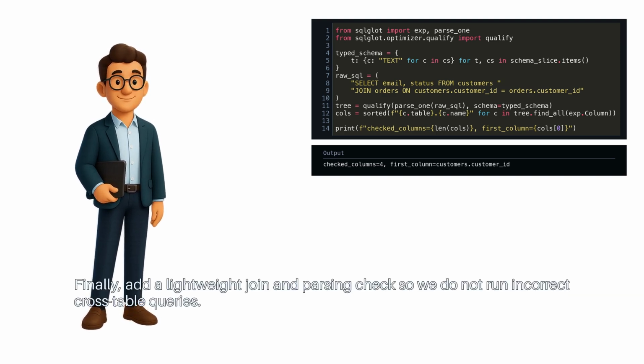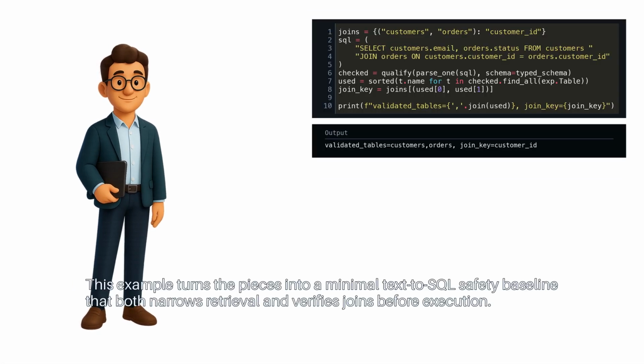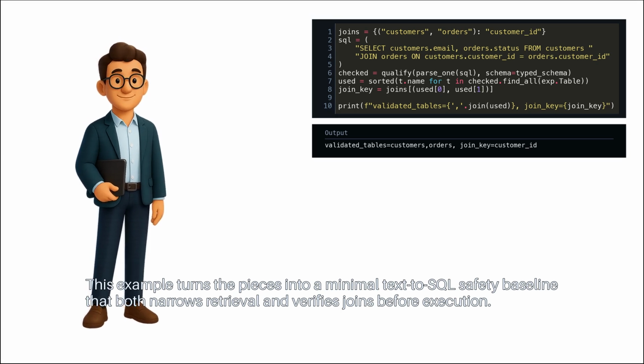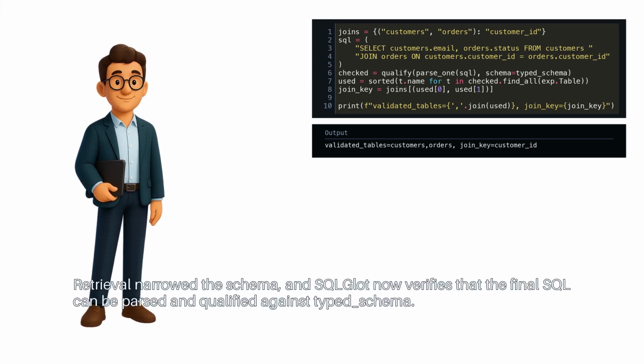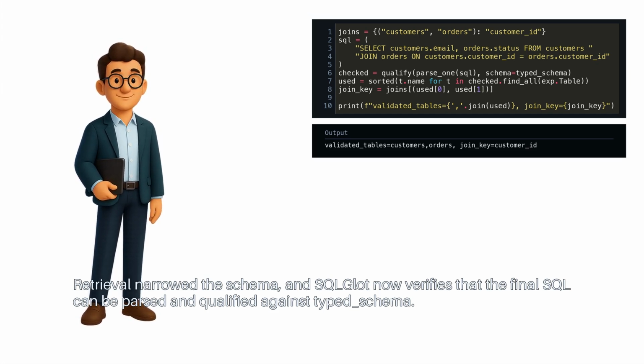Finally, add a lightweight join and parsing check so we do not run incorrect cross-table queries. This example turns the pieces into a minimal text-to-SQL safety baseline that both narrows retrieval and verifies joins before execution. Retrieval narrowed the schema, and SQLGlot now verifies that the final SQL can be parsed and qualified against typed schema.